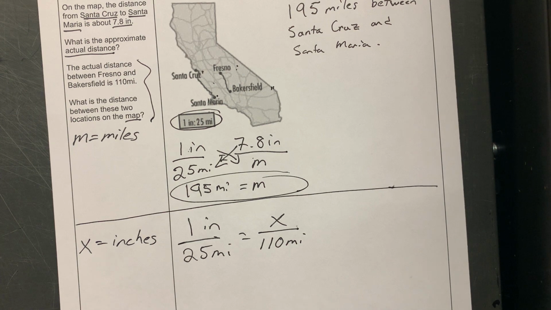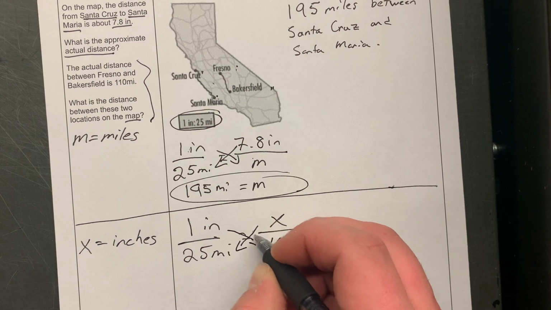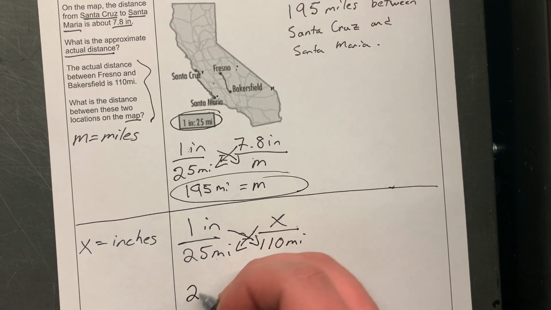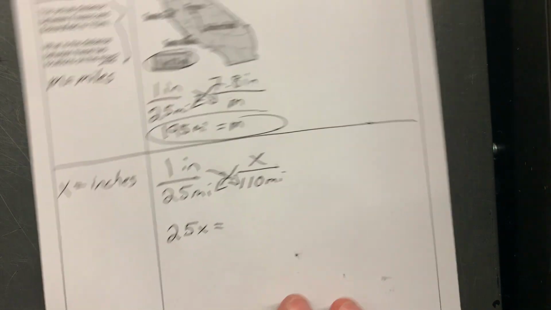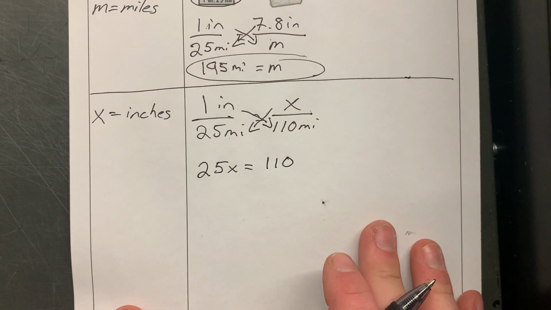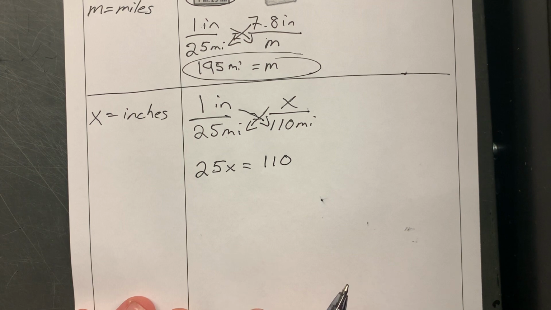Here, what I need to do is simply cross multiply just like I did above to solve for my x, or my variable. X times 25 gives me 25x. 1 times 110 gives me 110. One-step algebra equation now.